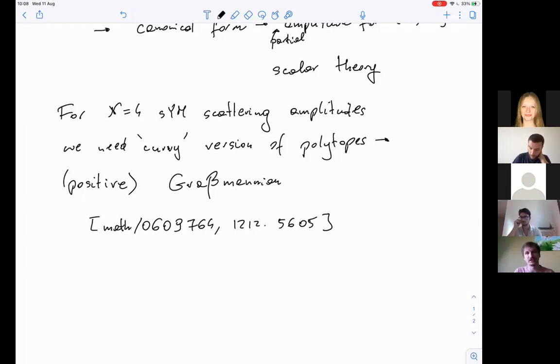It's not yet amplitude, it's one year before amplitude was born, but it describes all these properties of positive Grassmannians which are relevant for amplitudes and later for the amplitude.